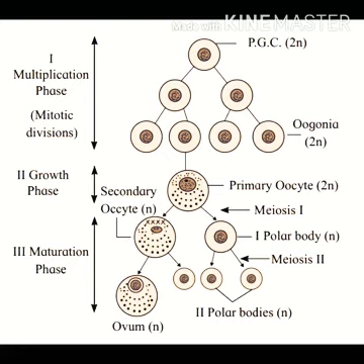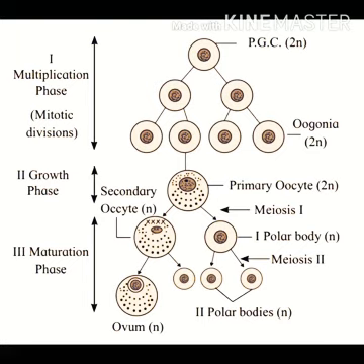The restart and the completion of meiosis II will happen only with the entry of sperm. Means the complete process of meiosis II is only fulfilled by the entry of sperm. This last phase is usually completed in the ampulla of the fallopian tube at the time of fertilization.